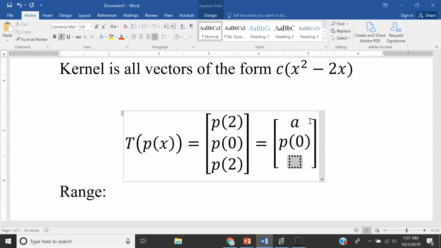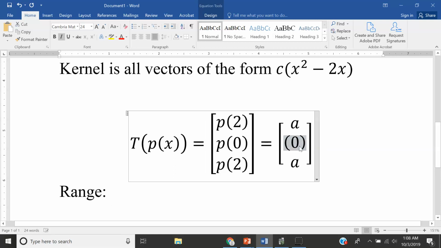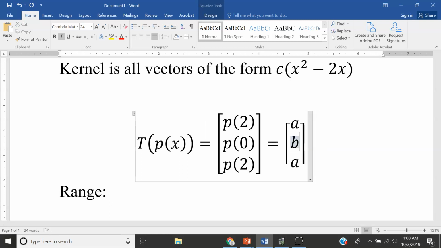Now, that's going to be the same as the third entry over here. So no matter what number you want, I can find a polynomial that when you plug in 2, you get that number. Moreover, I can also find a polynomial such that when you plug in 0, you get any other number you choose.